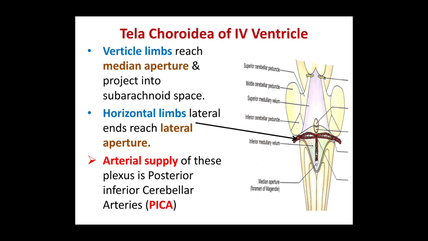The vertical limbs reach the median aperture and project into the subarachnoid space. The horizontal limbs reach the lateral end, that is the lateral aperture. The main artery of this plexus is the posterior inferior cerebellar artery, also called PICA.